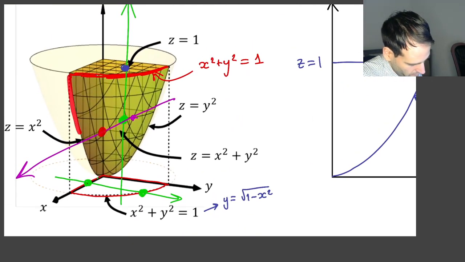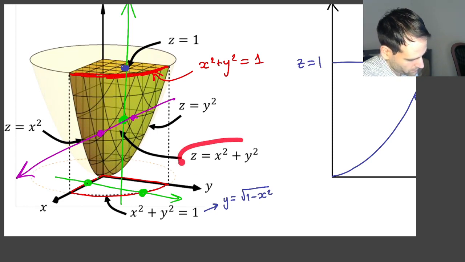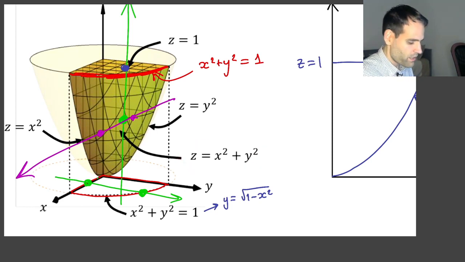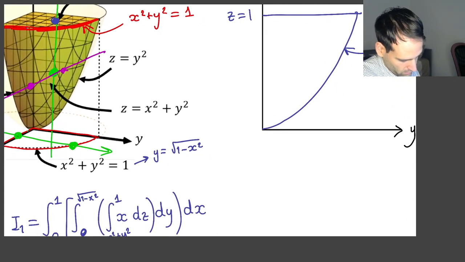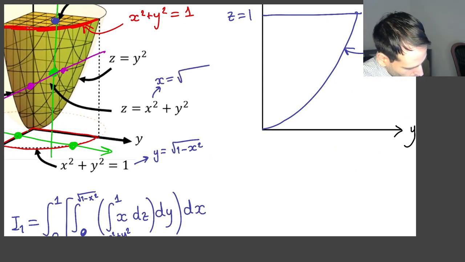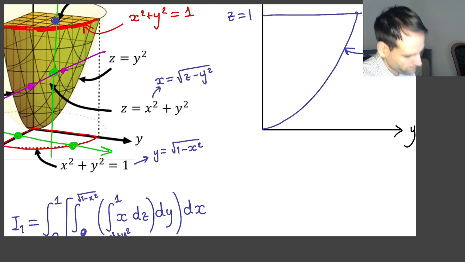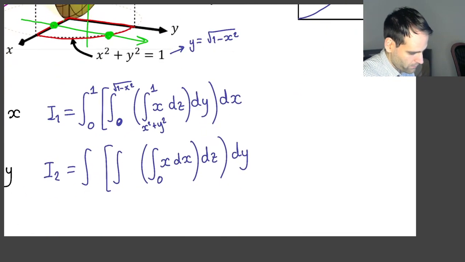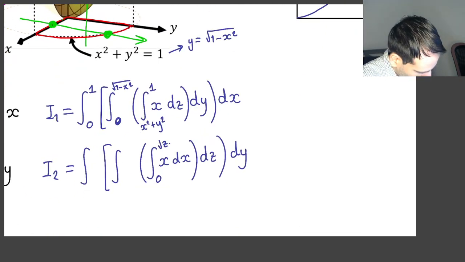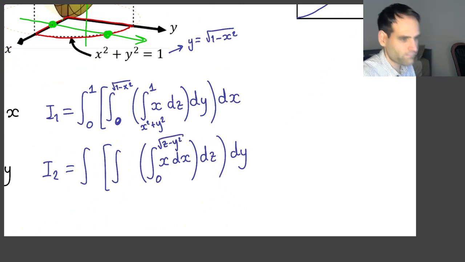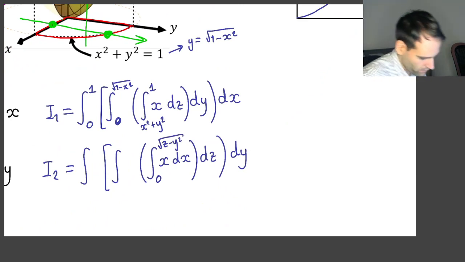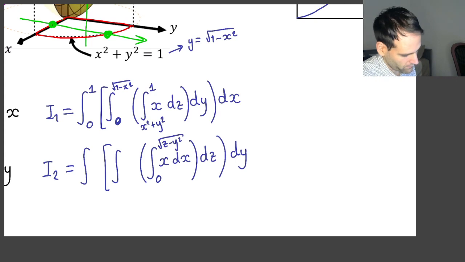It exits when it intercepts with this surface here, which is the surface z equals x squared plus y squared, which we will need to solve in terms of x. So x is going to be the square root of z minus y squared. So that will be the upper limit, square root of z minus y squared. Okay? That will be the upper limit of the inner integral.